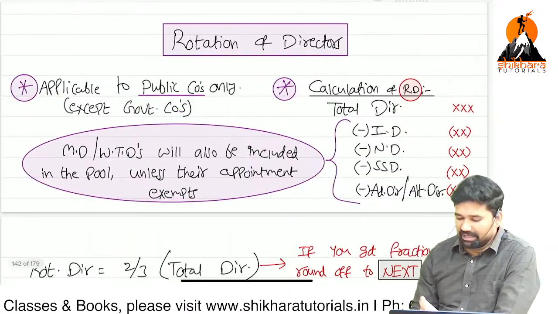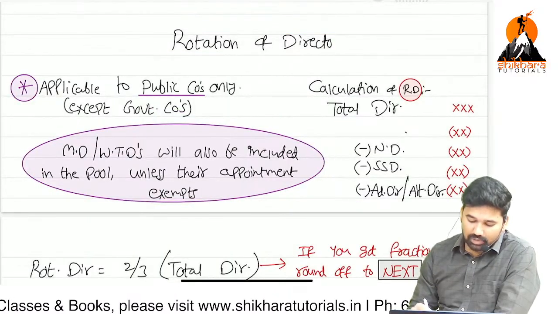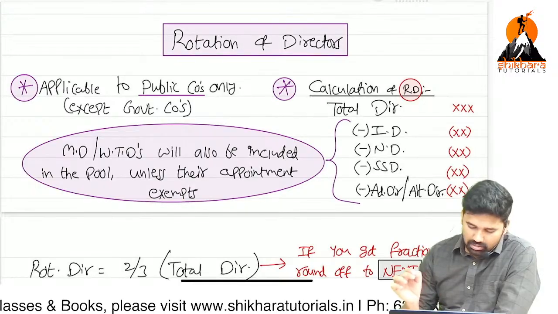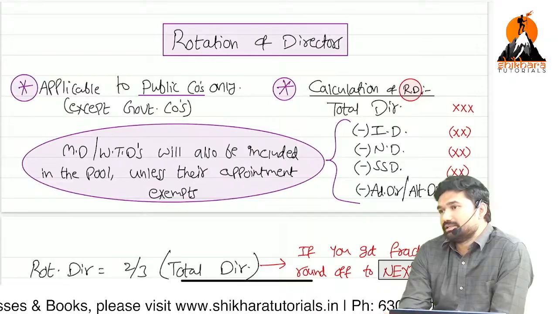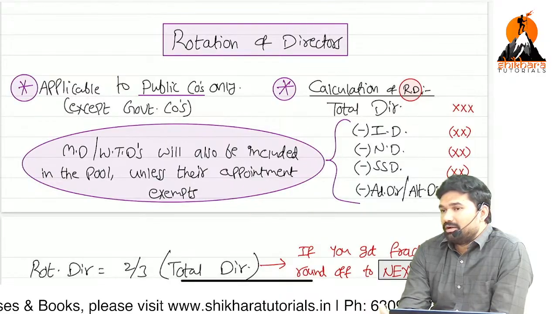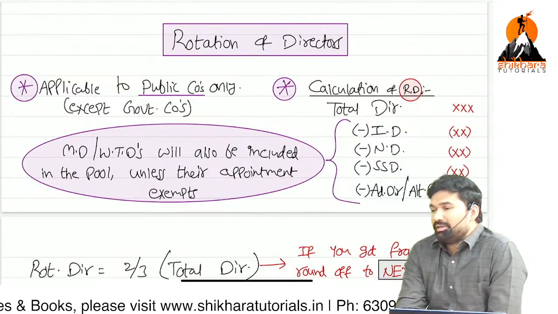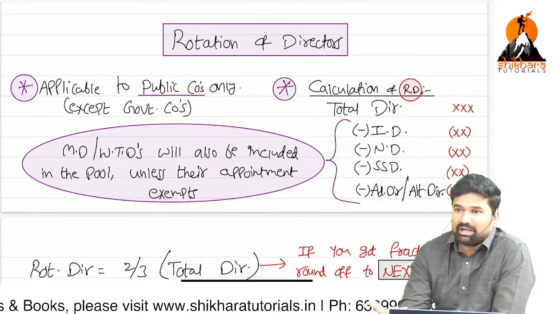In case of calculation of rotational directors, what kind of directors must we include in the total strength and what kind must we exclude?